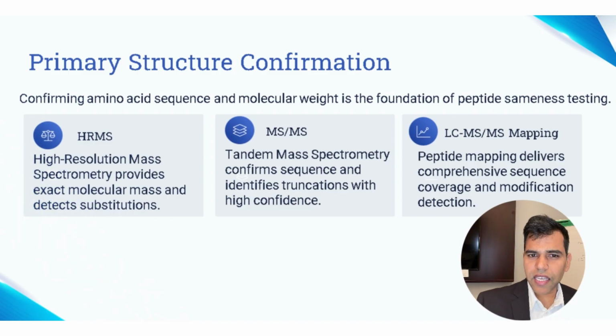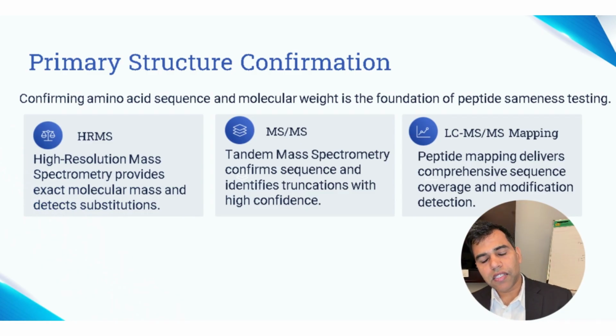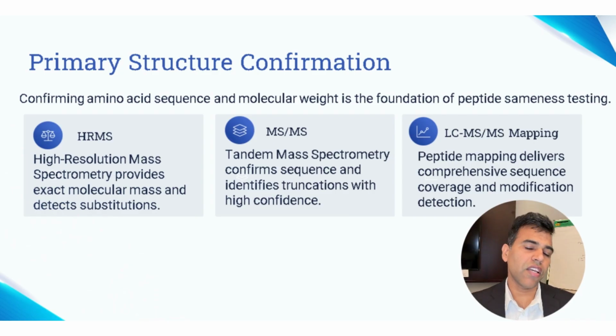The practical takeaway here: don't rely on a single mass spectrometry experiment, run the full suite. Each experiment answers a slightly different question, and together they build an airtight case.